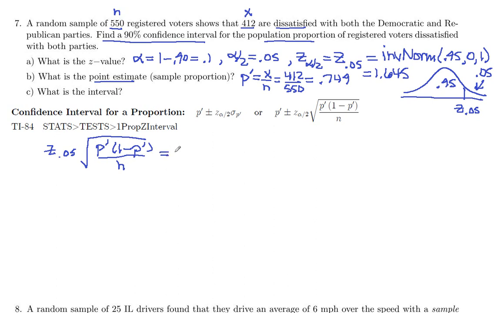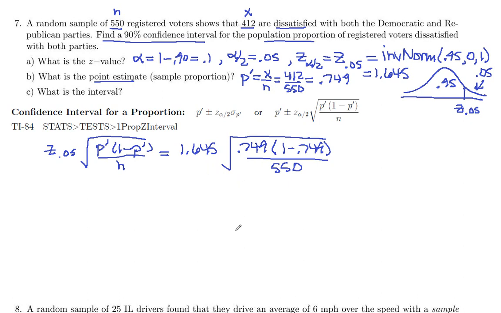So our z value out in front, 1.645, square root, 0.749 times 1 minus 0.749, and then we're dividing by n as 550.